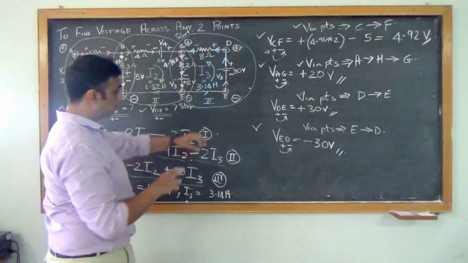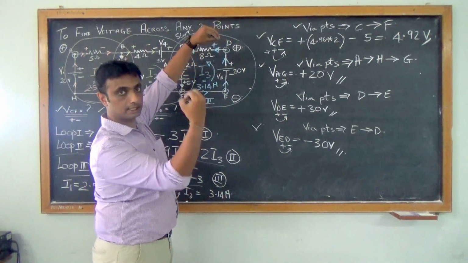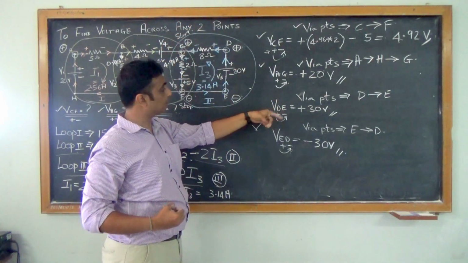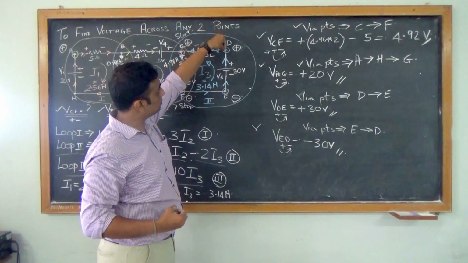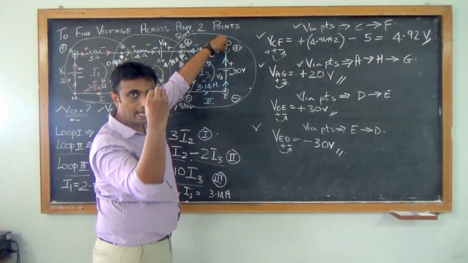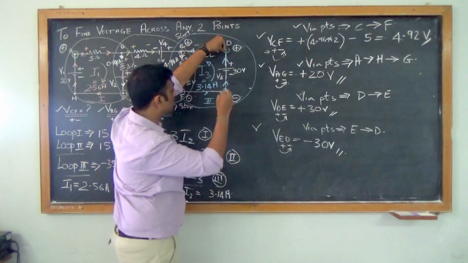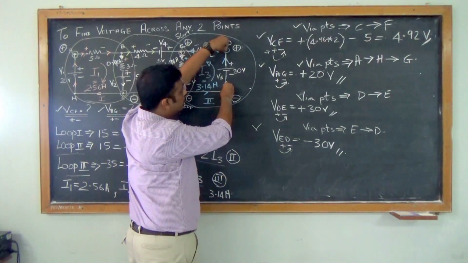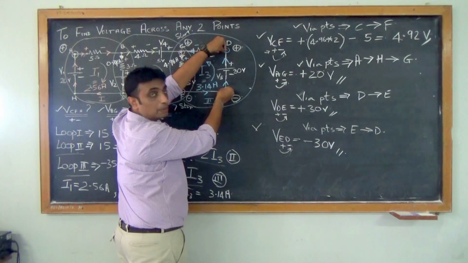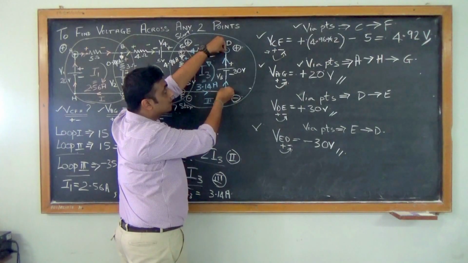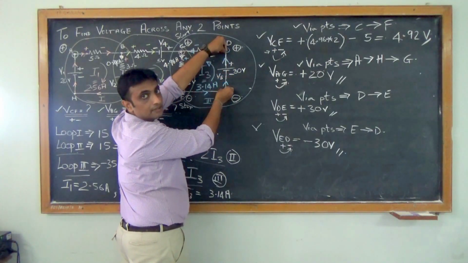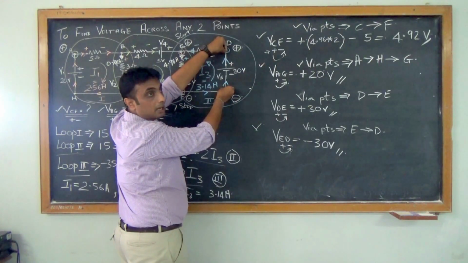If I connect my multimeter across D and E, the positive terminal goes on D and the negative terminal goes across E. In my display I will get plus 30 volts, because this is positive and this is negative.